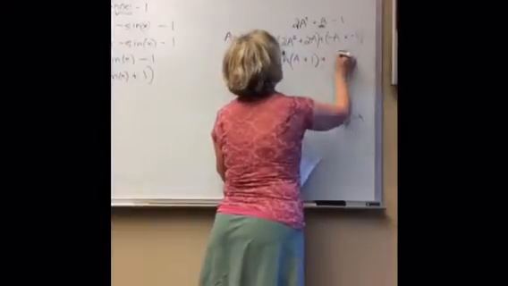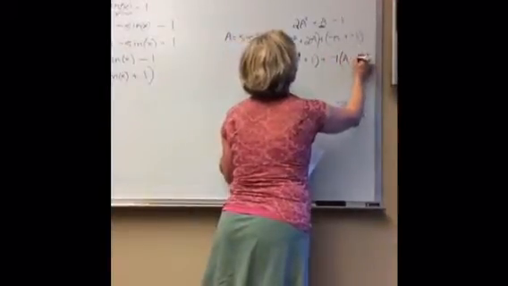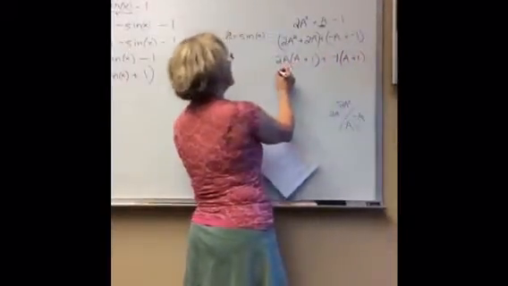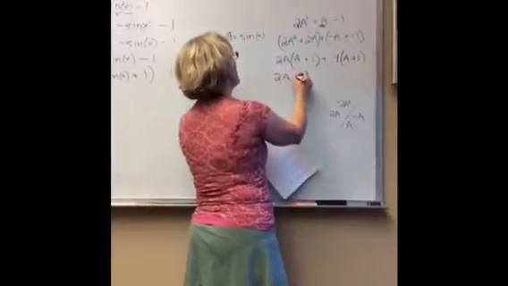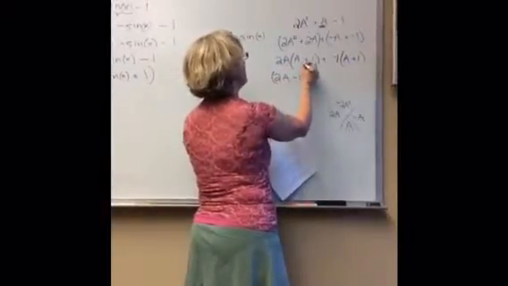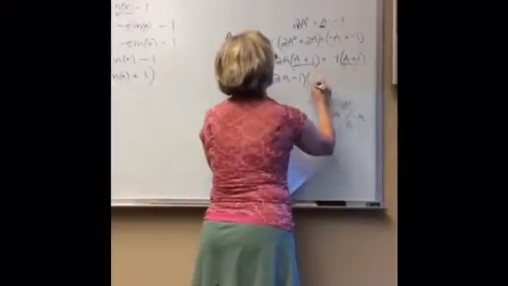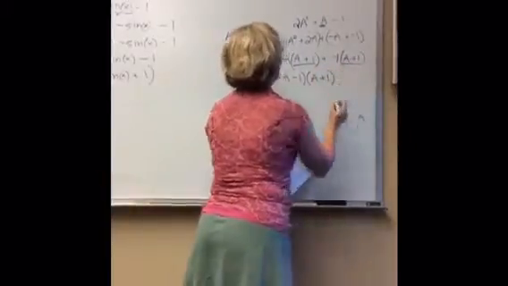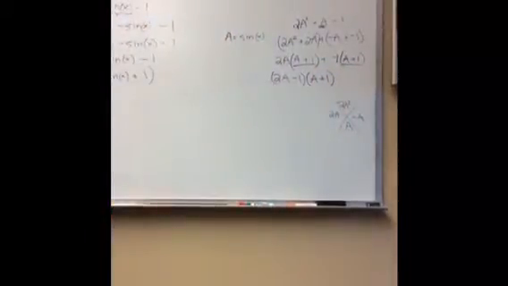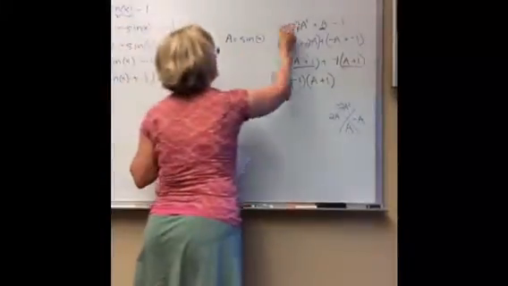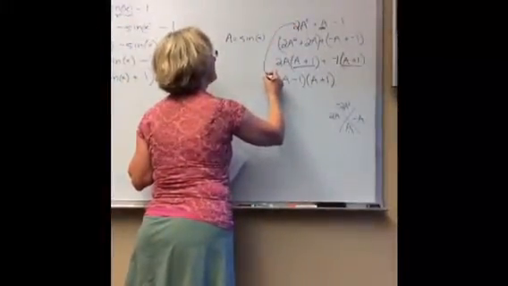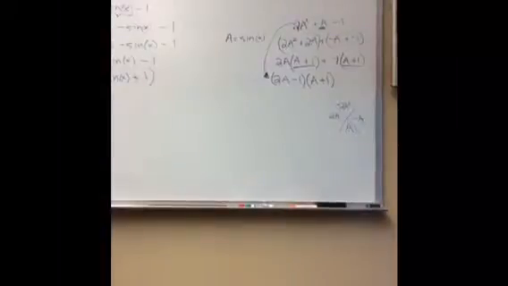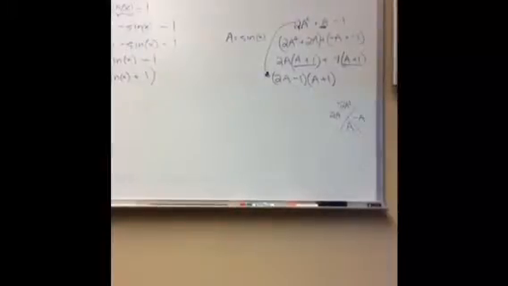And then I factored out a negative 1 here, a plus 1. So you get 2a, subtract 1, times the common factor, a plus 1. So I did go just from here down to here. I didn't show all those steps in between, but that's how you would. Okay?